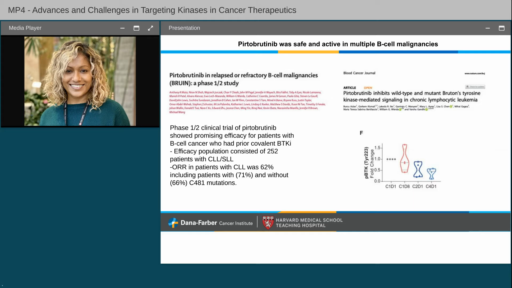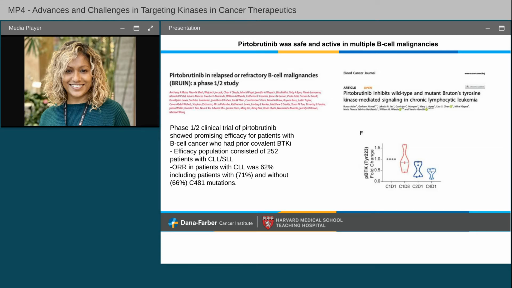So pirtobrutinib has shown promising efficacy for patients in trial. It was considered safe and active in multiple B-cell malignancies. Overall response rate in patients with CLL was 62%, including patients with C481S mutations at 71% and without, BTK wild type, at 66%.